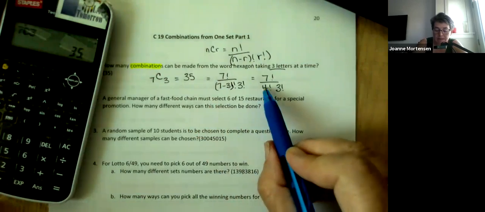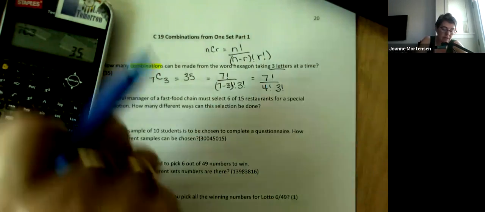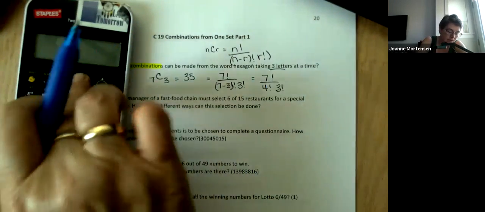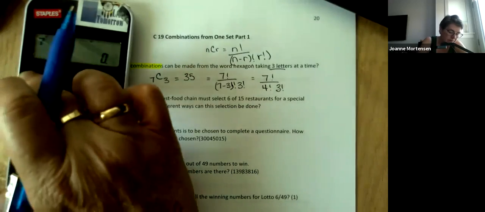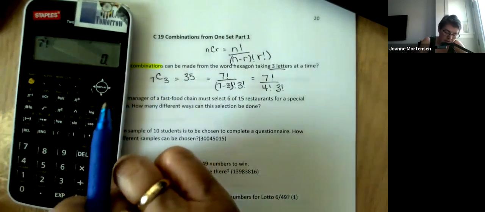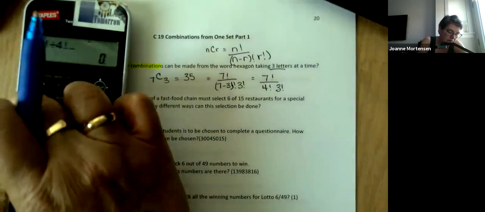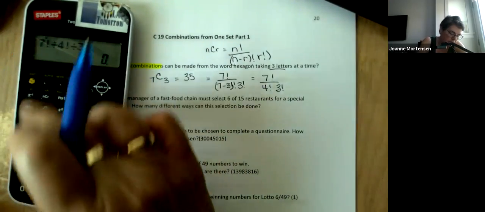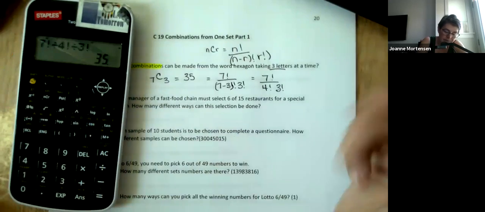Remember I said these two numbers are always going to add up to that one. 7 factorial, 5 by 4 factorial, 5 by 3 factorial, 35.